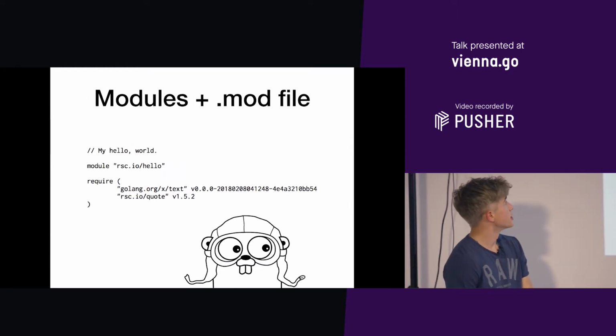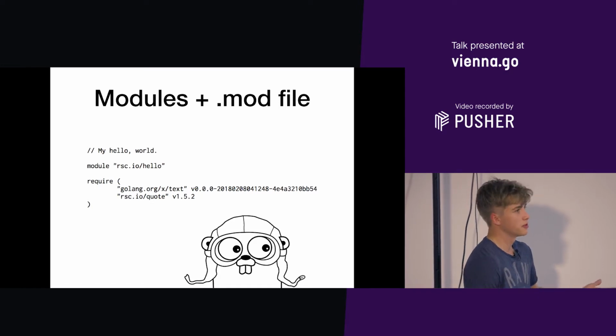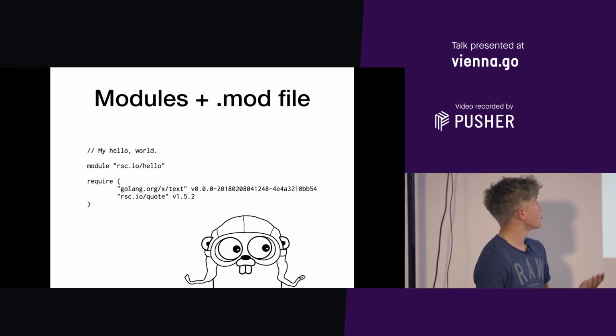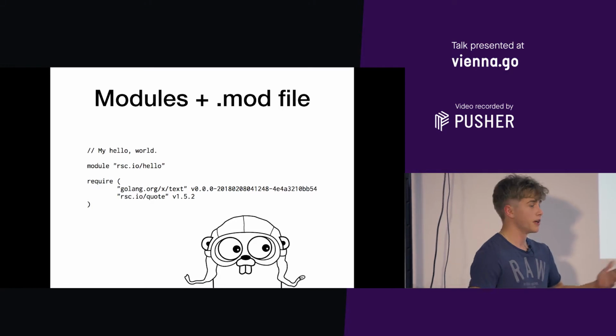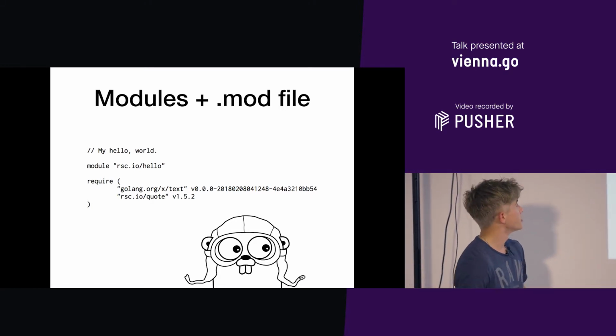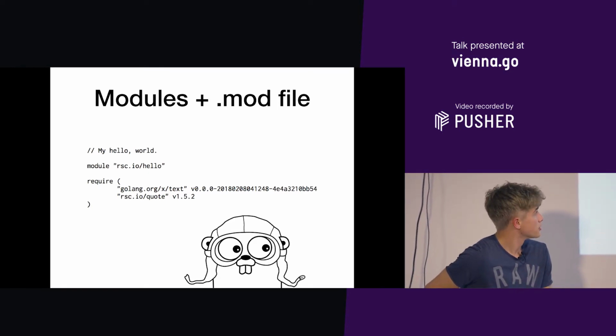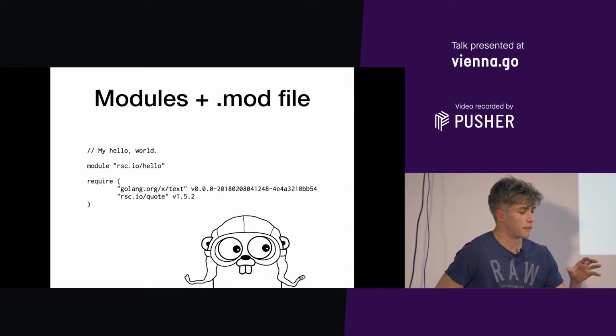Also, a new concept is that we have modules now, or maybe we will have modules, which are defined by a .mod file, where we enter the name of our module and the requirements, so the dependencies it has, where we can also pick a version. There are many different ways to pick a version.